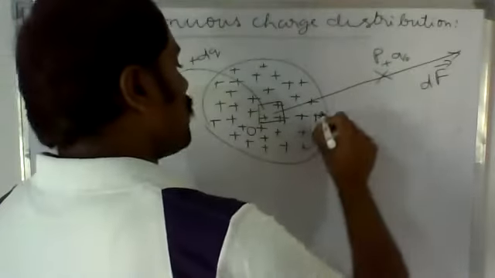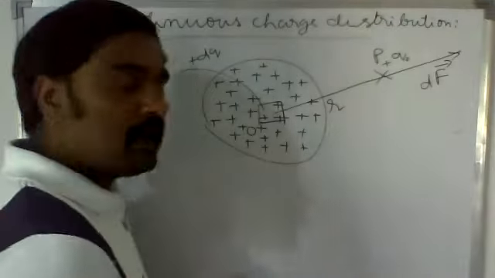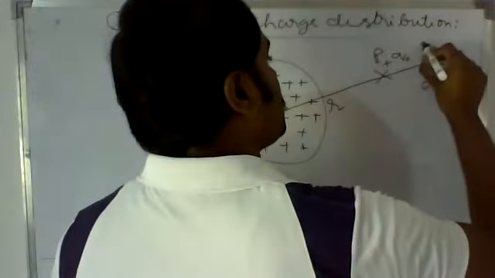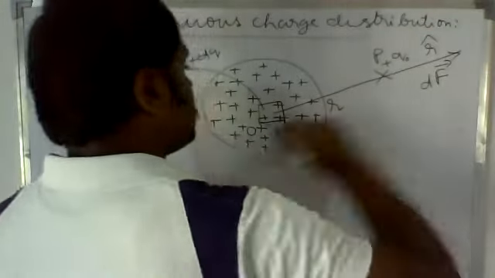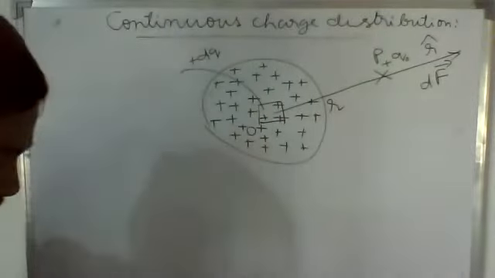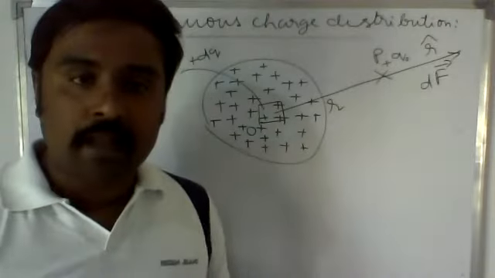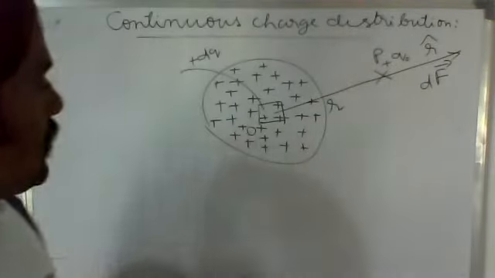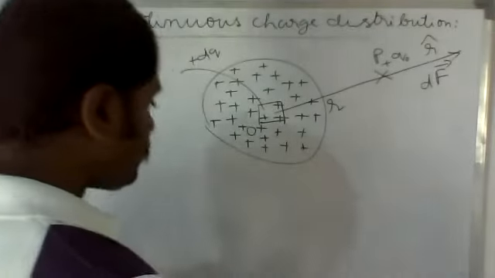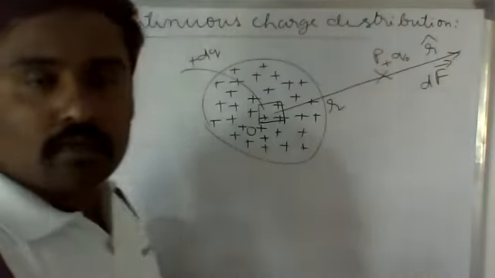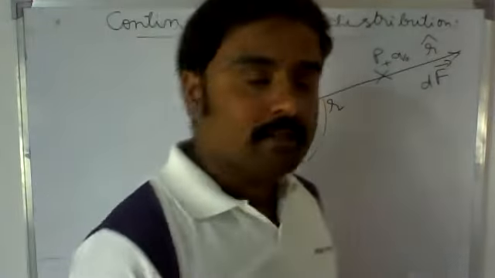The distance from O to P is r, and r cap is a unit vector indicating the direction of dF vector, that is along OP. The force acting on plus Q naught due to plus dq can be calculated by using Coulomb's inverse square law in vector form.